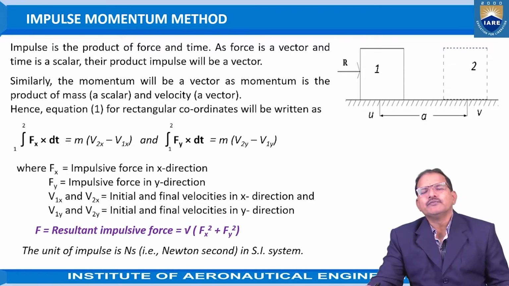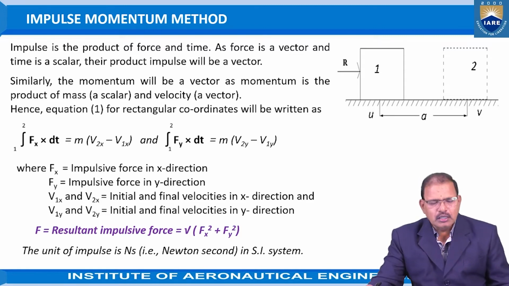Sometimes the force may act in two directions, that means x direction and y direction, and the object is also not moving in a linear direction. That is, when it has two components, x component and y component, then according to the impulse momentum method, the impulse is the product of force and time, and as I told you, it is a vector quantity.